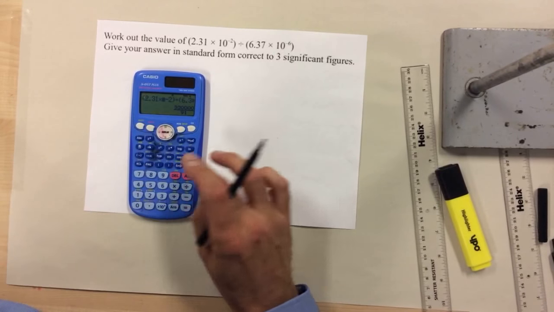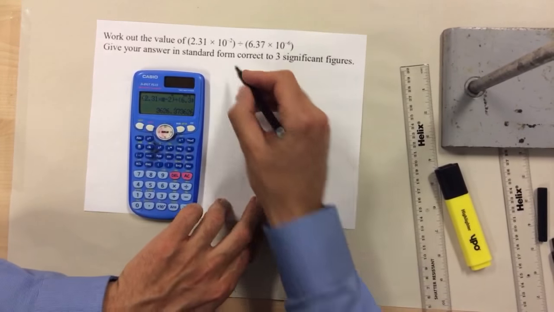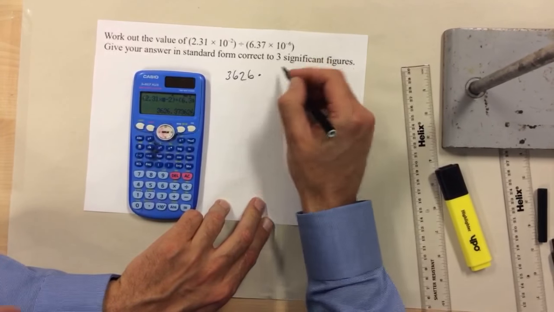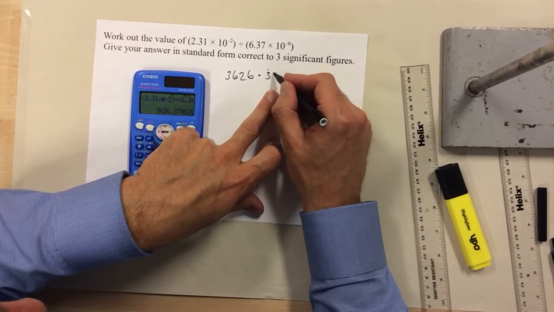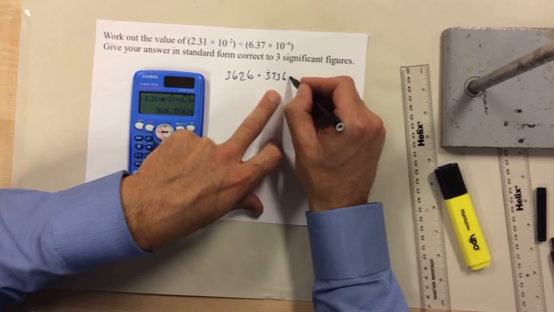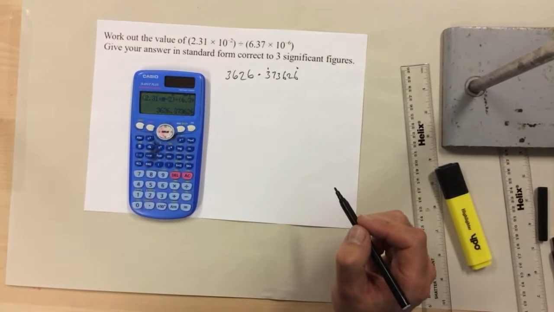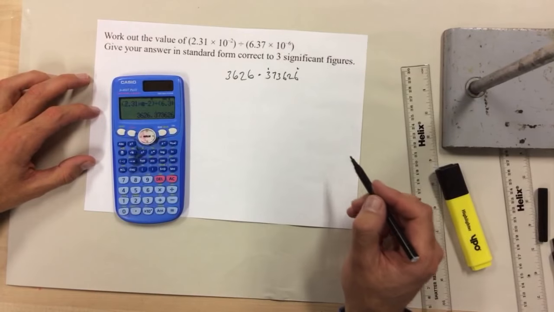I want my answer in standard form. I'm going to put it back into a decimal to begin with, and you can see it's giving me 3626 point, and I've got a recurring 6 digits here, 373626. Okay, so we need that number in standard form and correct to 3 significant figures.